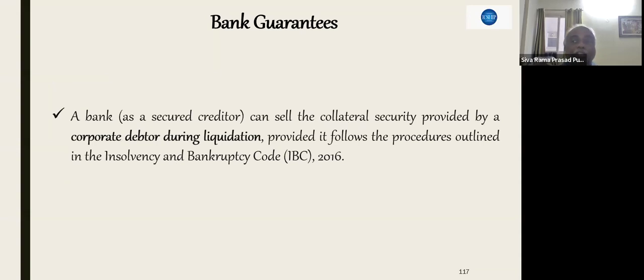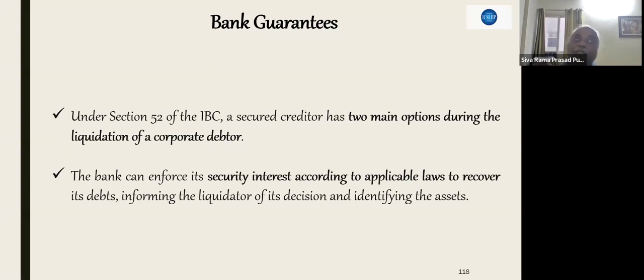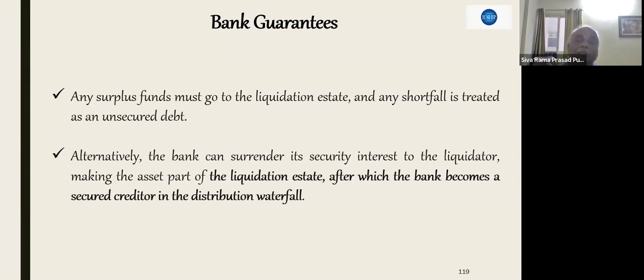A bank as a secured creditor can sell the collateral security provided by the corporate debtor during liquidation, provided it follows the procedure outlined in the IBC. Under Section 52 of the IBC, a secured creditor has two main options. One is that the bank can enforce its security to recover its debts by realising the assets, and any surplus funds must go to the liquidator.